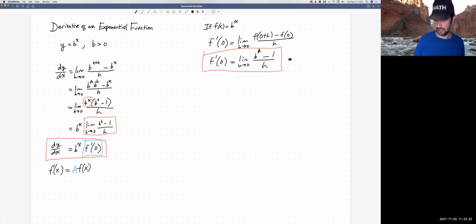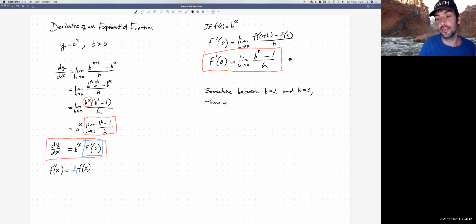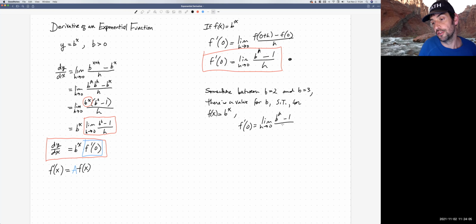So let me summarize what we just said. Somewhere between b equals 2 and b equals 3, there is a value for b such that for f of x equals b to the x, f prime of 0, which we just said is the limit as h goes to 0 of b to the h minus 1 over h, is equal to 1, right?